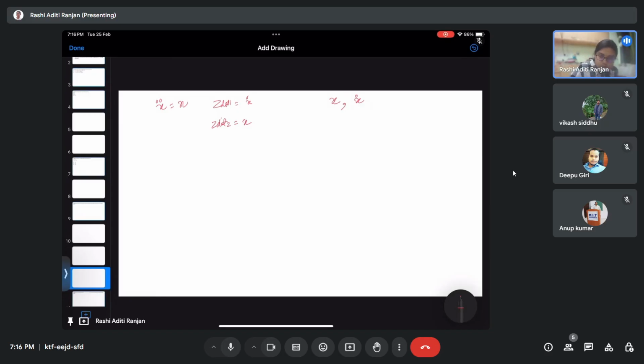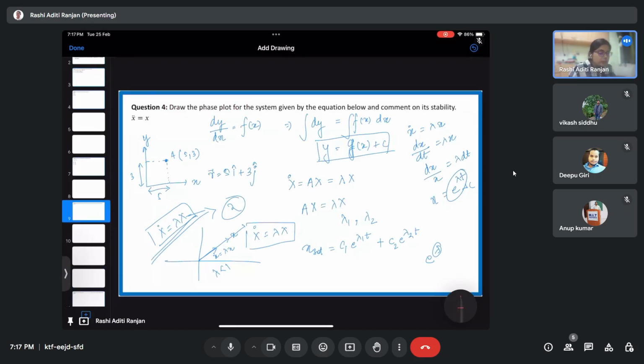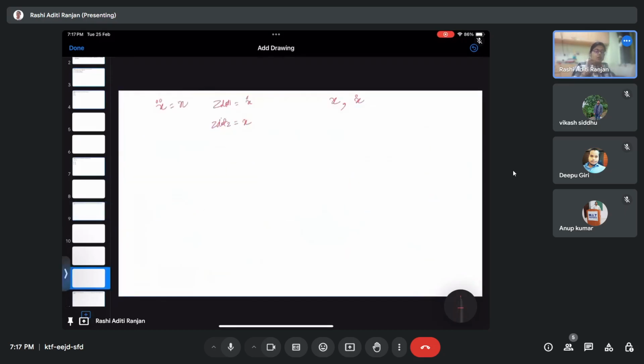Now for these two equations, what will I do? Look at the question. The question is saying that we have to draw the phase plot and comment on its stability. How will I draw the phase plot if I don't know the solution? So I'll apply the concept of finding the eigenvalues and eigenvectors, get the general solution, and then plot the phase plot.